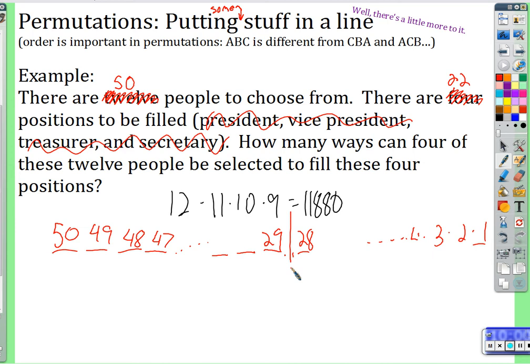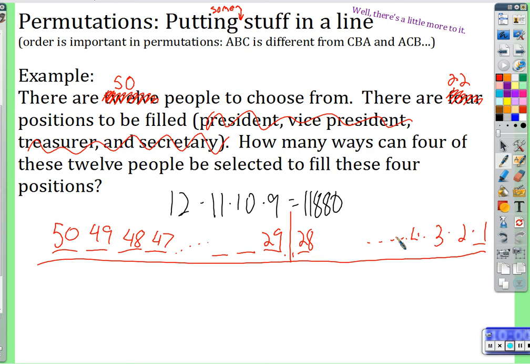Well, what is 28 all the way down to 1? When we multiply all those together, what's another way to say it? 28 exclamation point. That exclamation point is read factorial, 28 factorial. So this is all multiplication, right? If I want to cancel out multiplication, I use division. It's the inverse of multiplication.